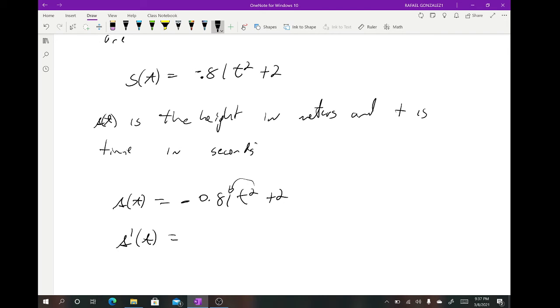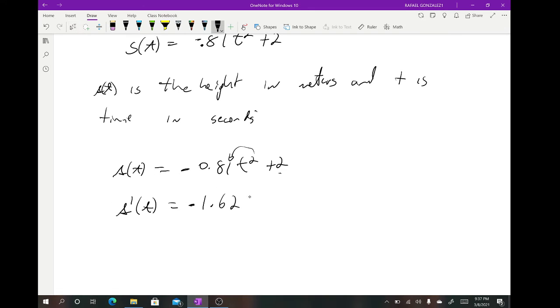Now 2 times 0.81 is 1.62, so it's going to be negative 1.62t. To find the acceleration, we take the derivative again, and that's going to be minus 1.62.